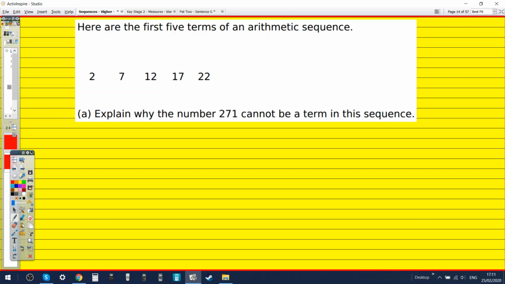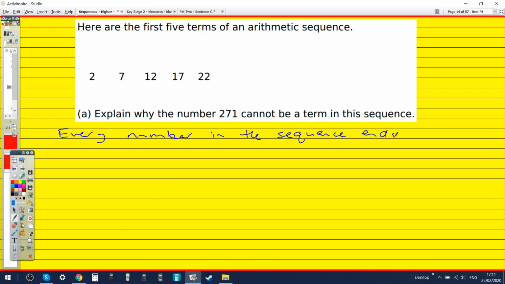It goes 2 and 7, 2 and 7. So let's add 5. So every number in the sequence ends in a 2 or a 7? Yeah.